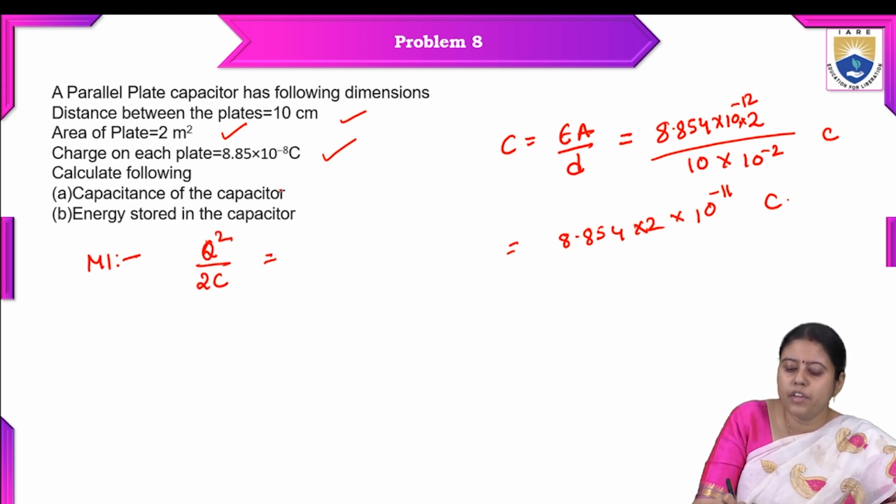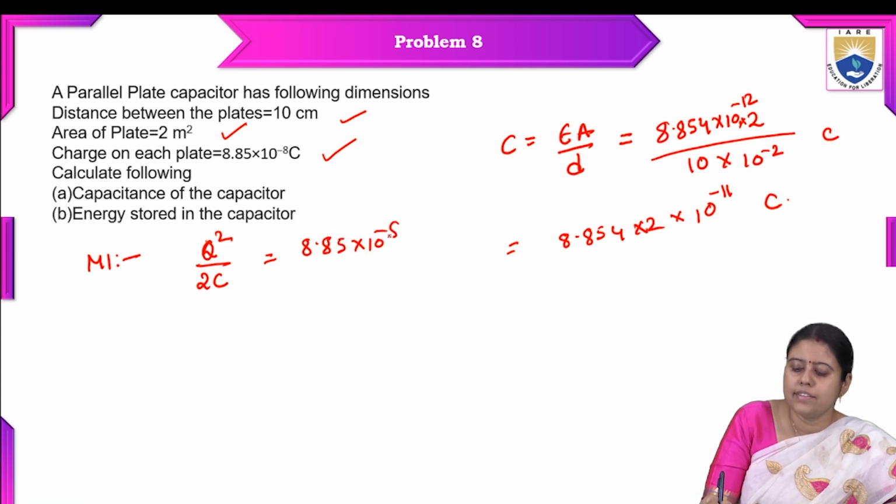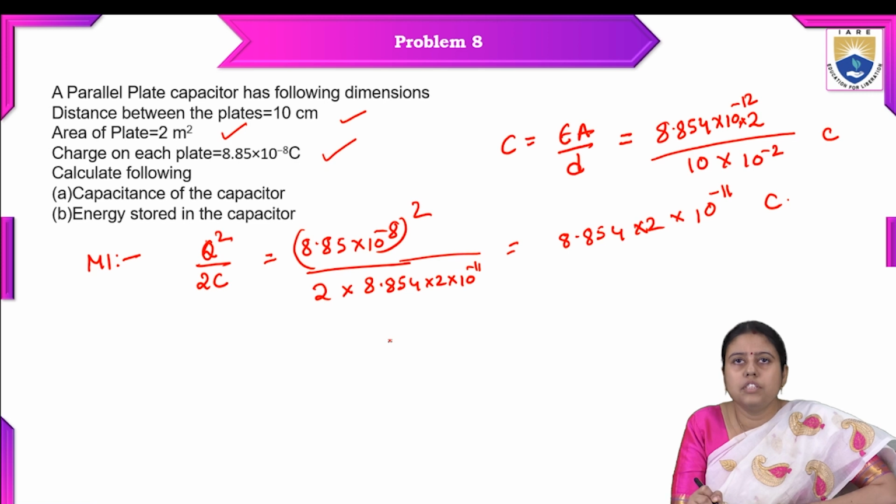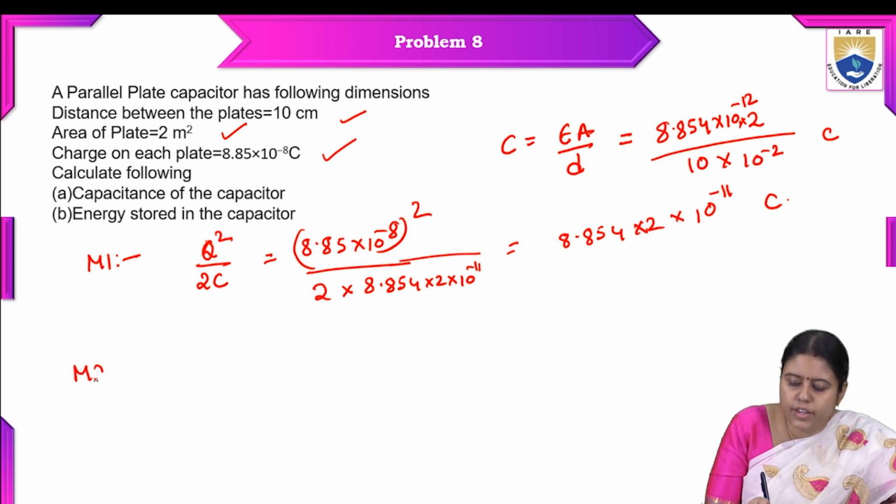What is the value of Q? 8.85 into 10 to the power minus 8, squared, by 2 into C, which is 8.854 into 2 into 10 to the power minus 11. So we can use this formula, or we can use method 2.